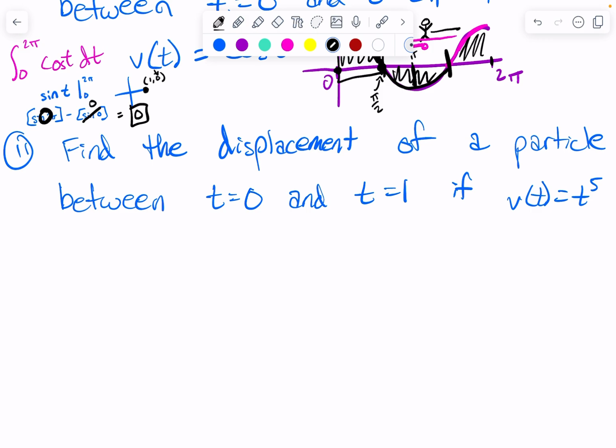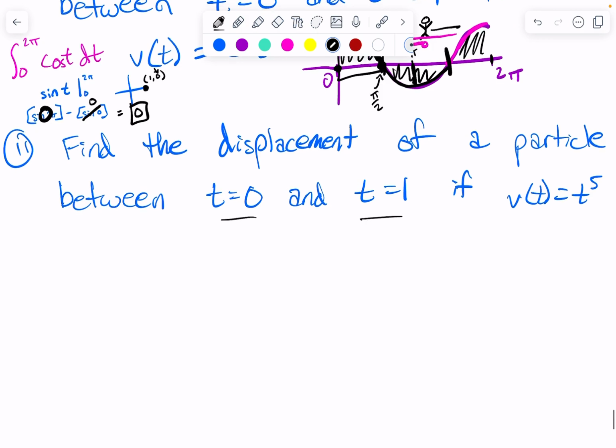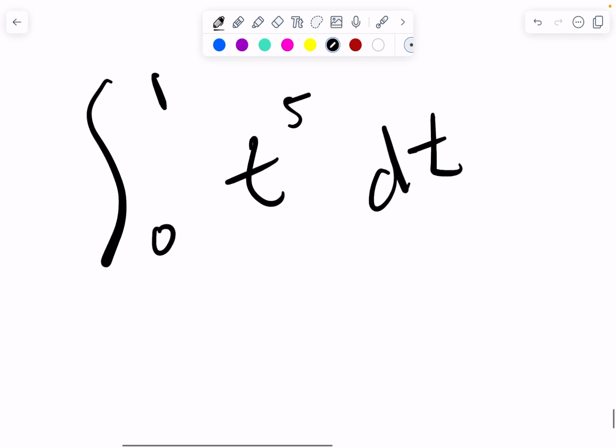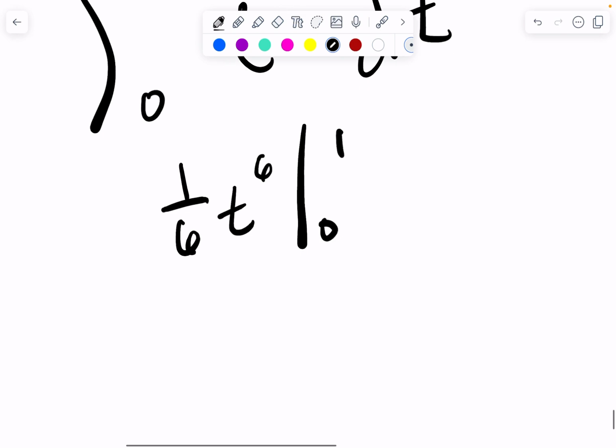All right, number 11, last one. Find the displacement of a particle between 0 and 1 if my velocity is t to the 5th power. I'm not going to draw this one out, but we know displacement just means where I'm at relative to where I began. So that is just evaluating the integral from 0 to 1 of t to the 5th power dt. Very easy, just do it like normal. 1/6 t to the 6th, plug in 0 and 1.